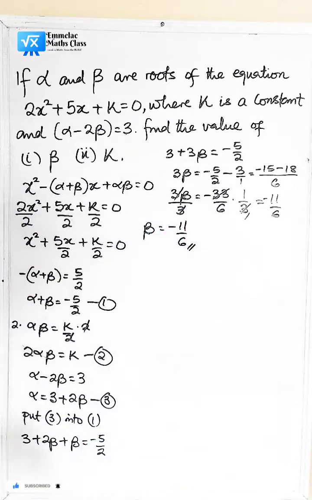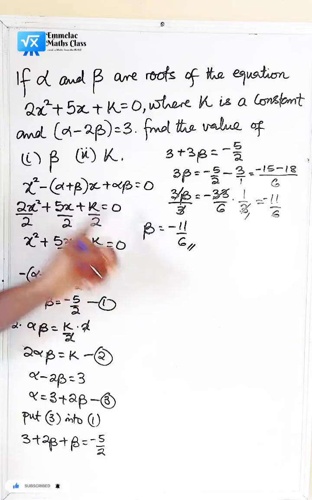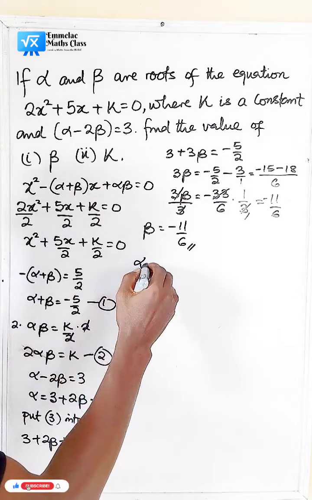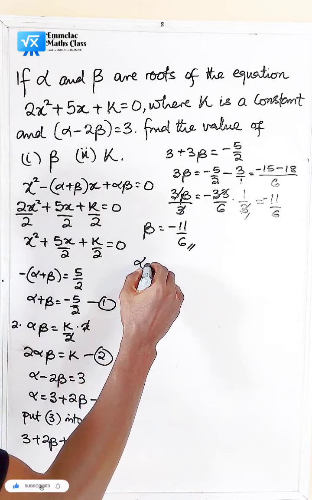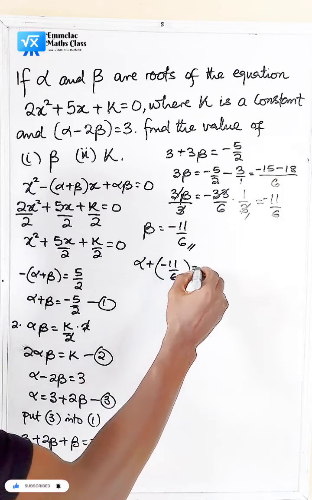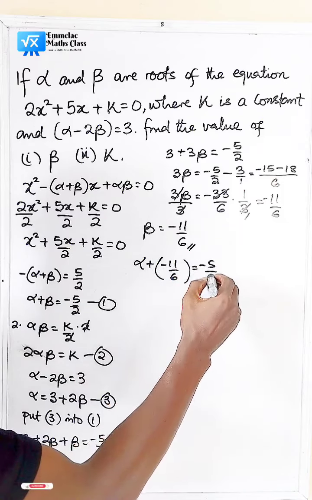Now if beta is negative 11 all over 6, we are looking for our k, and k includes alpha, which implies that we have to look for alpha. Now from equation 1, let us plug in the value of beta to get alpha. So here we have alpha plus negative 11 all over 6 equals negative 5 all over 2.